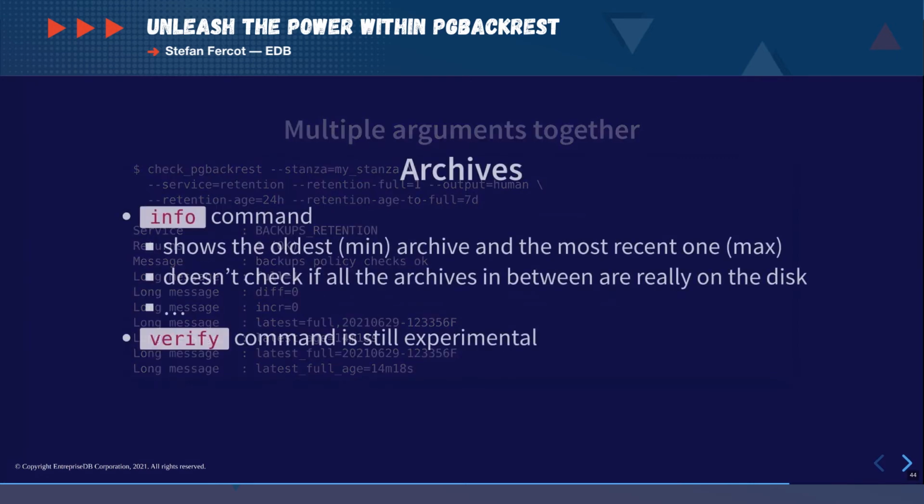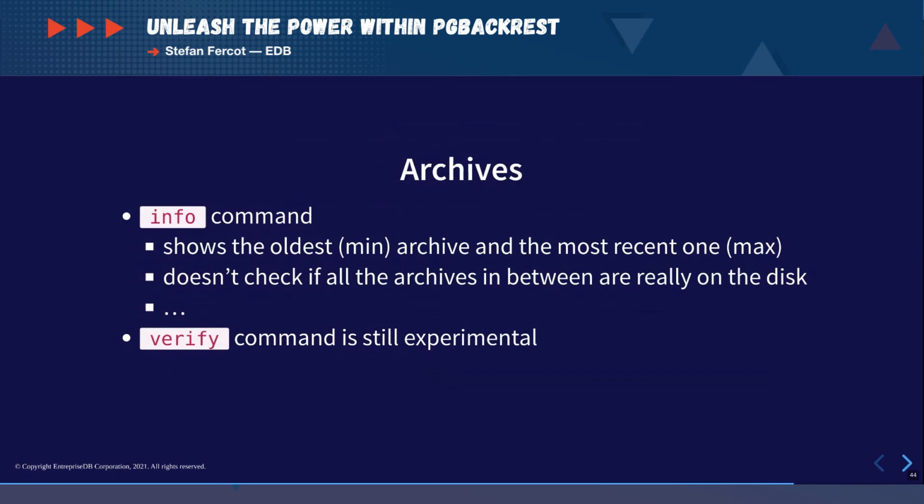And then we want to check the archiving system. I've said that the info command only shows the oldest and the latest WAL files on the repo. It won't check anything in between because it gives the answers fast, and there could be a lot of archives there. It could take time to check them one after the other. So the info command won't.